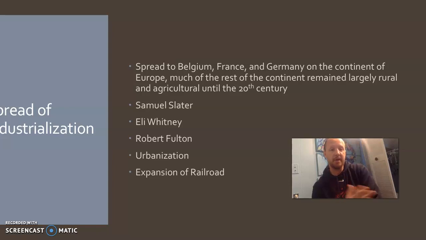But being on the Great Lakes and being a train hub made industrialization possible, or I should say urbanization possible. And so the culture is fundamentally shifting. And that's what I want to talk about tomorrow: the shift of the culture, like new classes of people developing, how this impacts the family, how this impacts women. That'll be something that we talk about tomorrow.